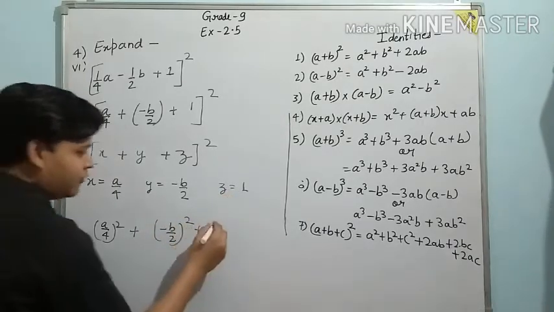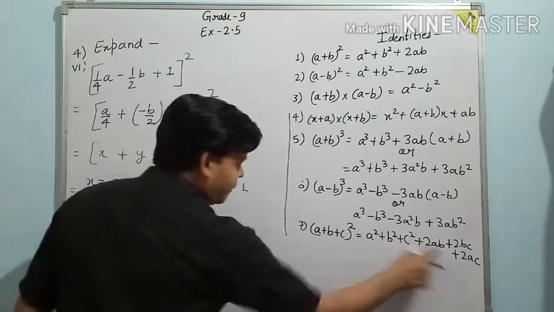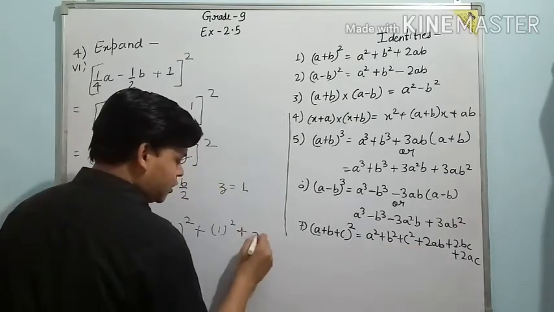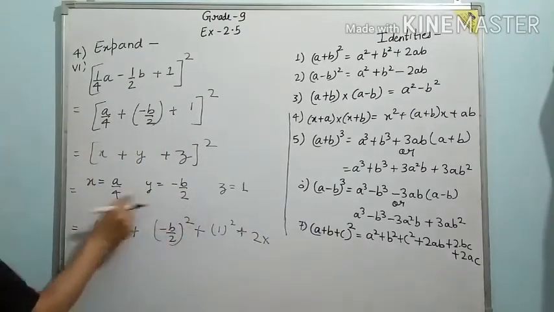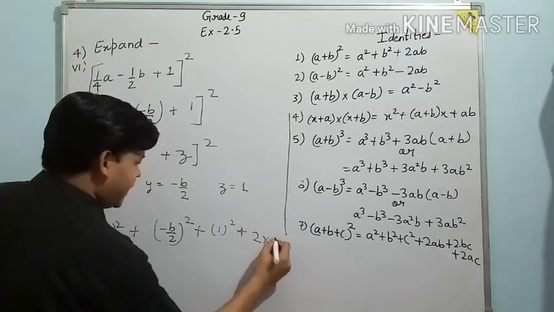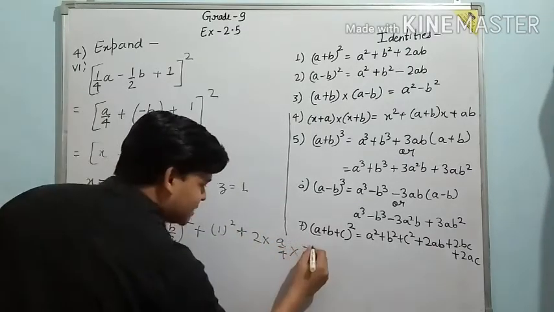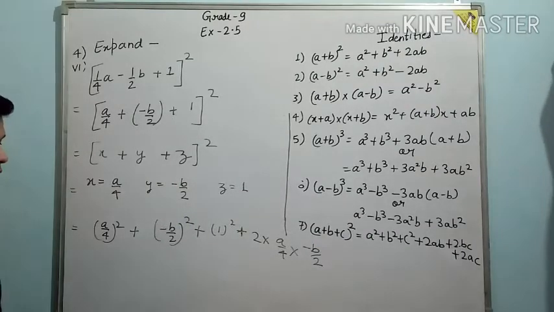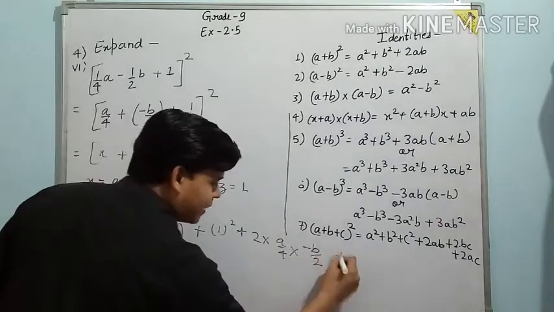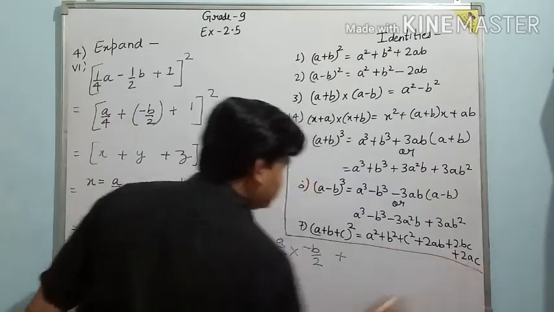Then we have 2ab, so plus 2 multiply ab, where a is this and b is this, right? So we will write here a upon 4 multiply minus b upon 2. I hope you all are clear. Then we will put here plus. I'm just drawing a line here to avoid the confusion.